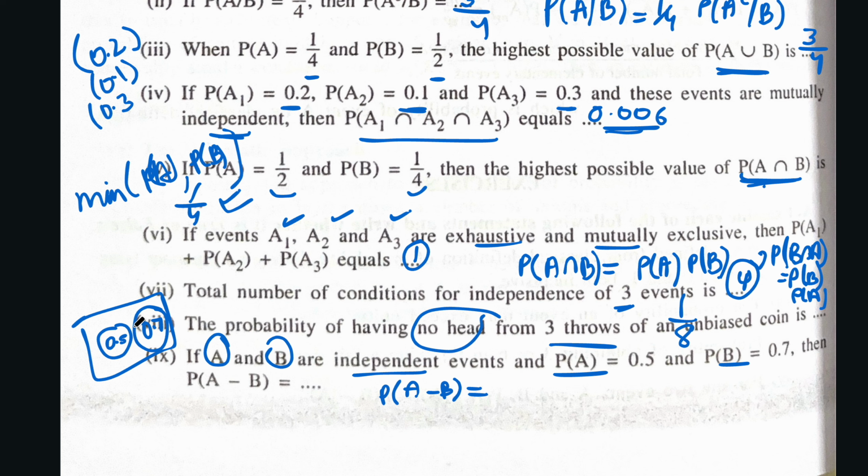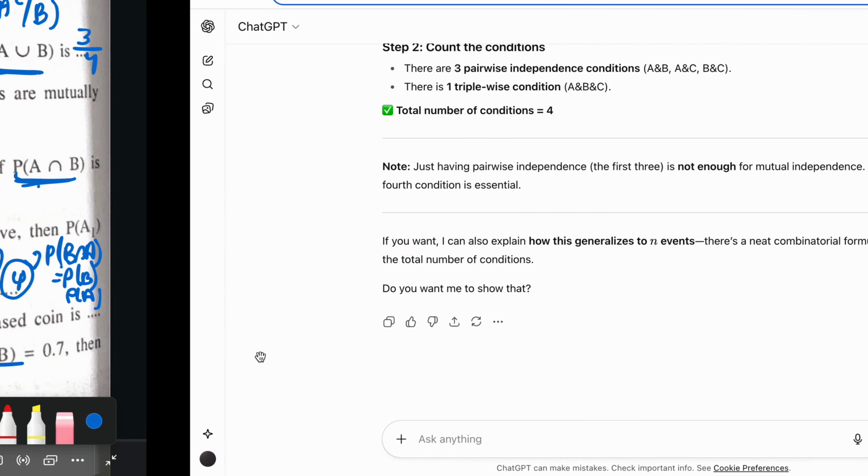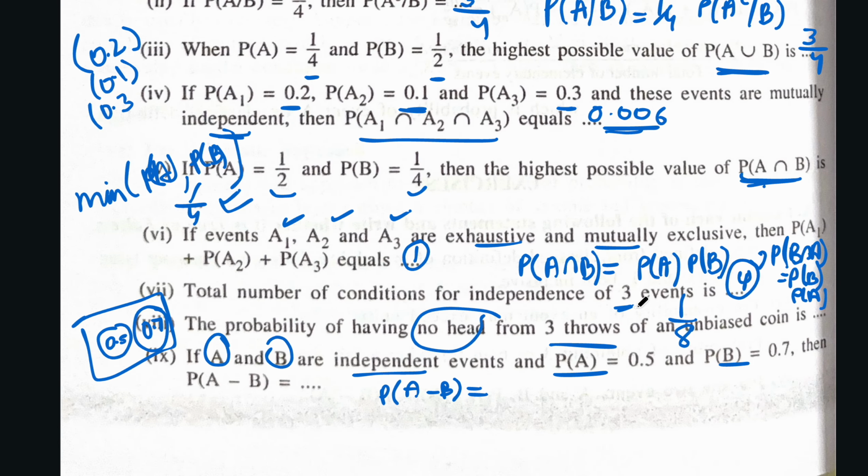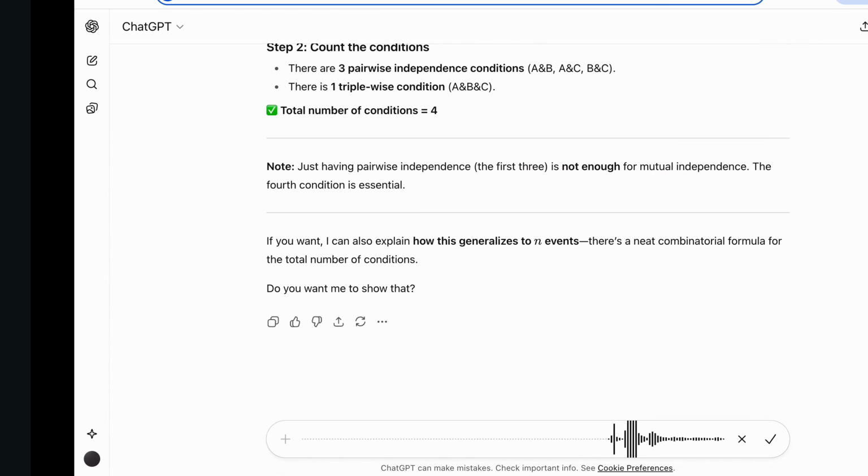I don't know. If A and B are independent events and probability of A is equal to 0.5 and probability of B is equal to 0.7, then probability of A minus B is.